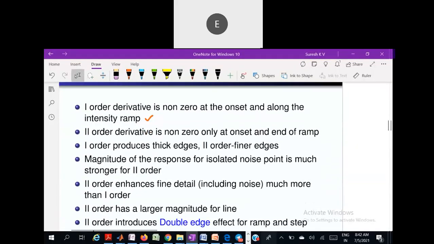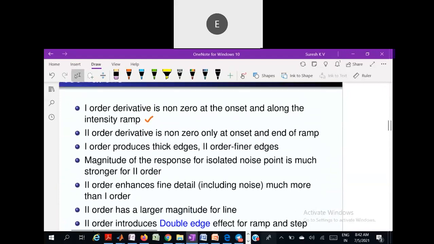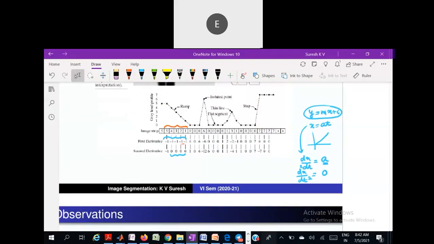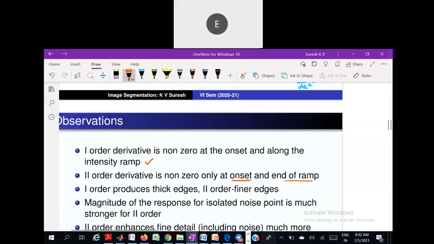Whereas second order derivative is non-zero only at the onset and end of the ramp. That's also what you have seen. This we have already discussed in the previous unit, that is the second unit. Only at the onset and where it ends is it non-zero, but along the ramp it is 0.